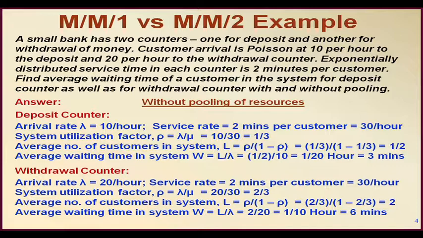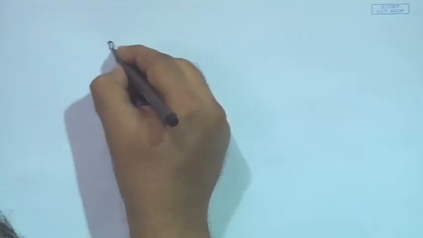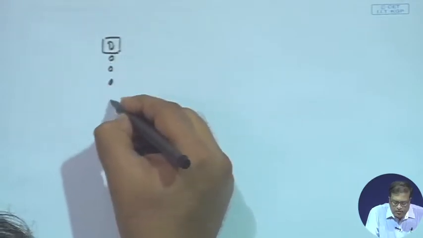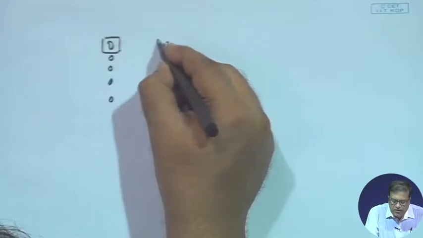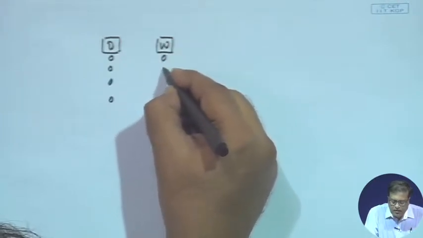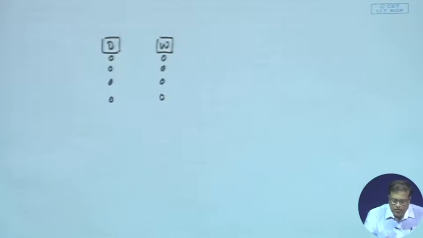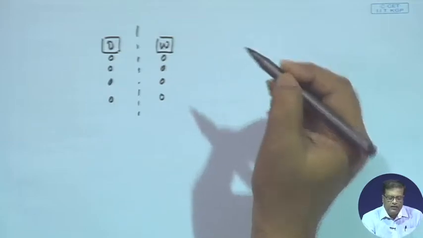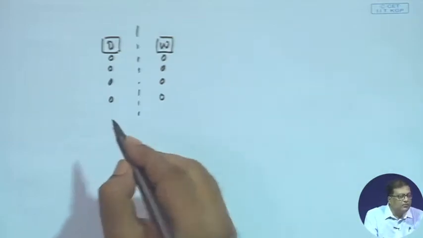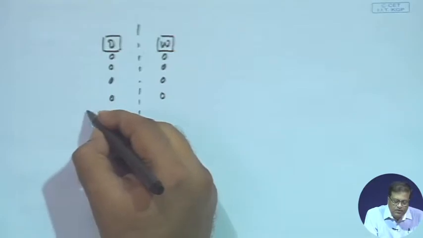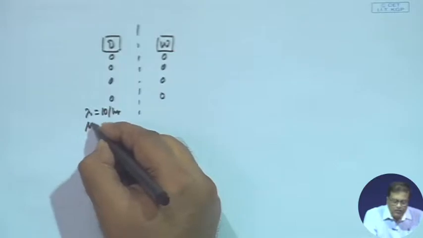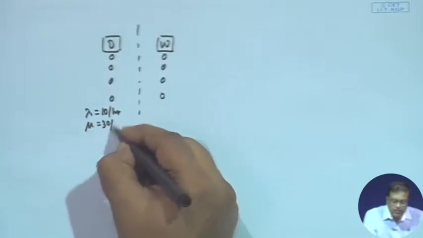So, you see this is the first case where we think that this is my deposit counter, there is a queue formed in front of the deposit counter, there is a withdrawal counter, and a queue formed in front of the withdrawal counter. These two are separate processes, and for these separate processes we already found that for this one lambda is 10 per hour and mu is 30 per hour.